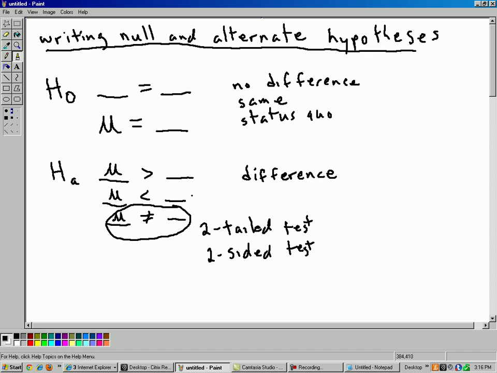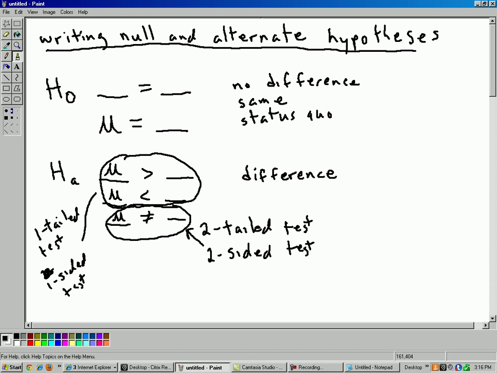On the other hand, these two, mu strictly less or strictly greater, those are called one-tailed tests, for the obvious reason that there's only one side. For mu greater than something, it's only if mu is greater that this would be true. And same thing with less. So one-tailed test, or also known as a one-sided test. So it's just important to keep that in mind for future reference.